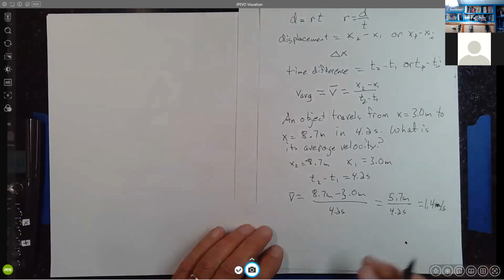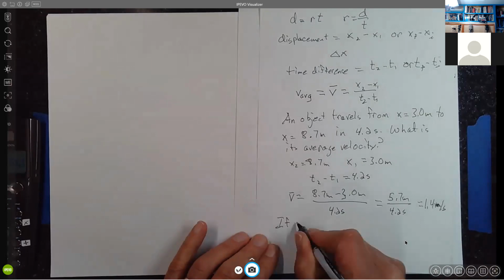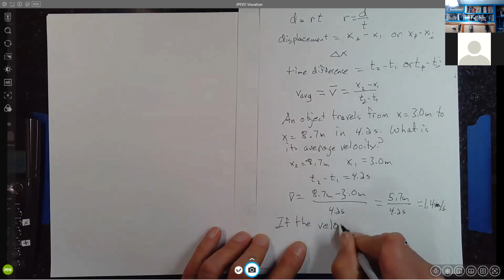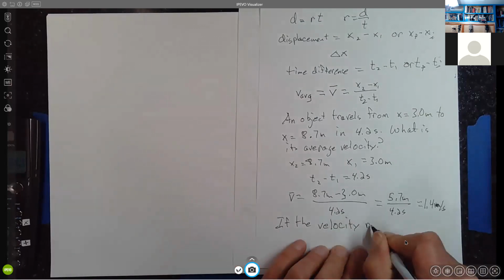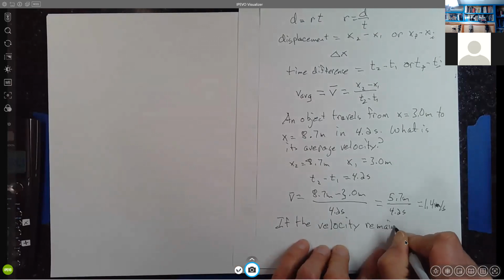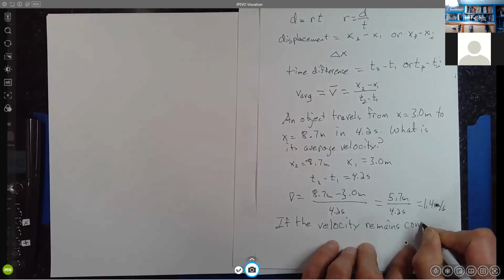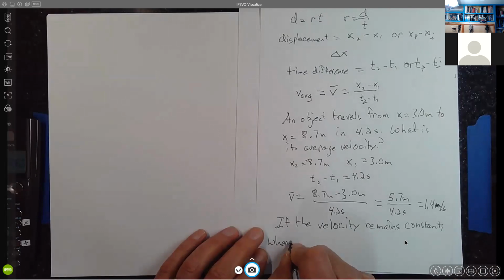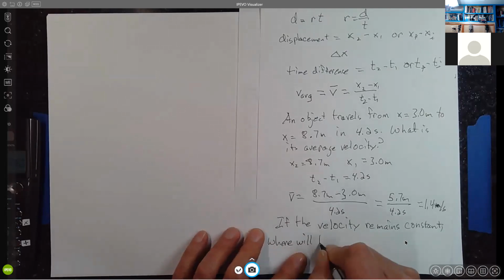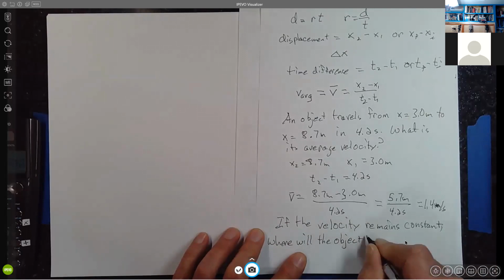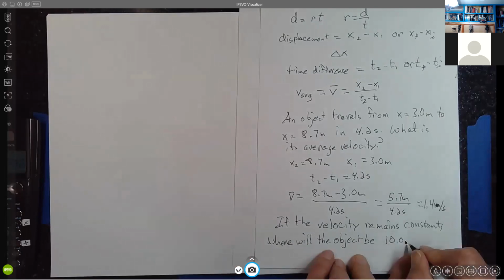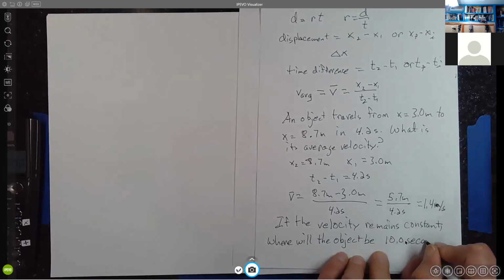A question that might accompany this: if the velocity remains constant, where will the object be, let's say 8.5 seconds after passing the 8.7 meter mark?